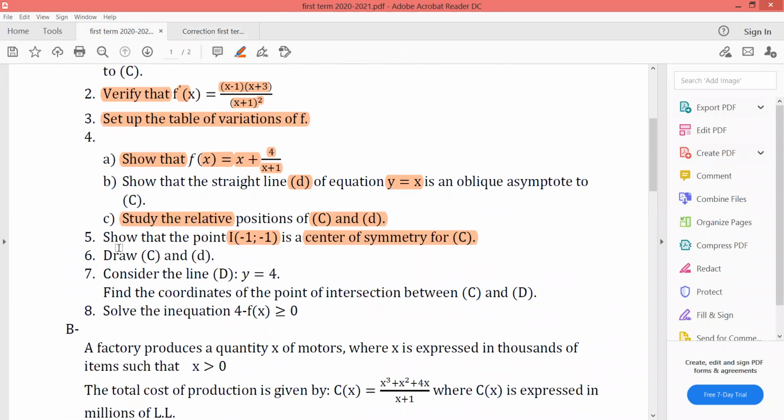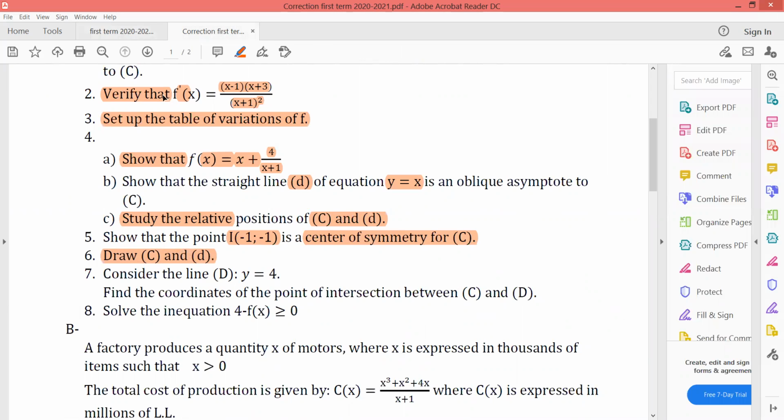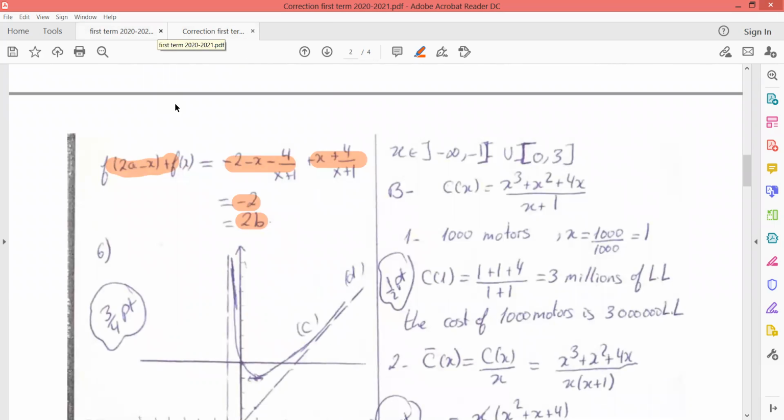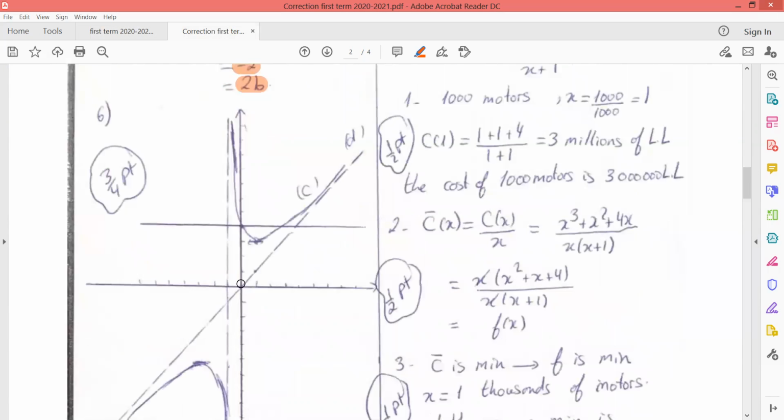Part 6. Draw C and D. To draw D, the line of equation y equals x: for x equal to 0, y equals 0, and for x equal to 1, y equals 1.